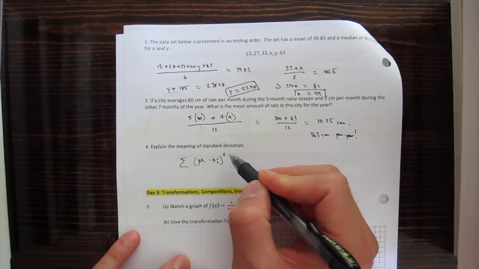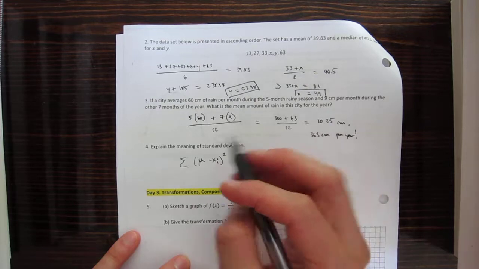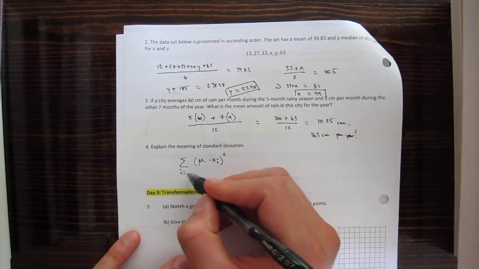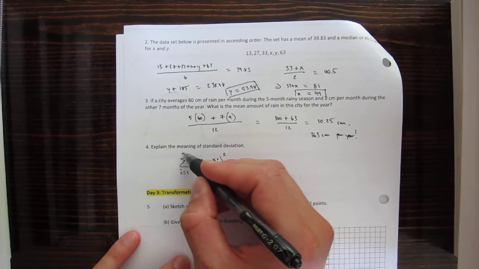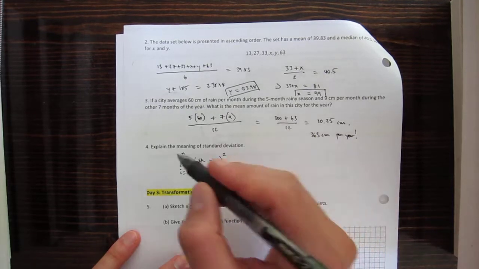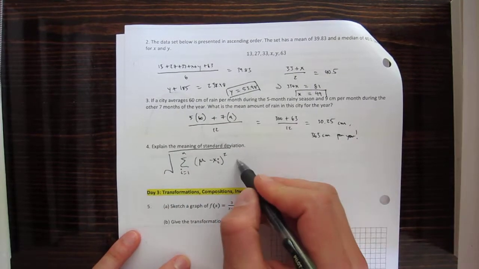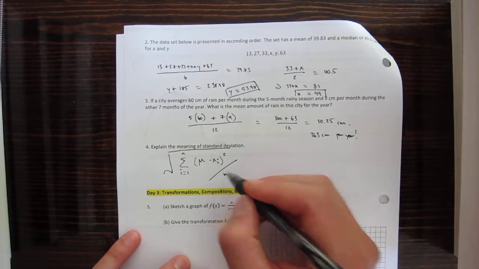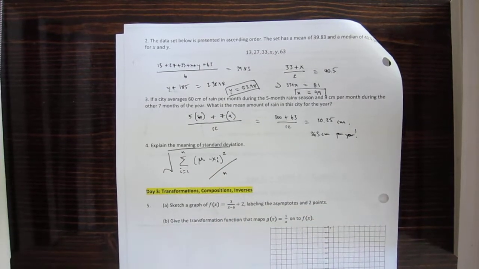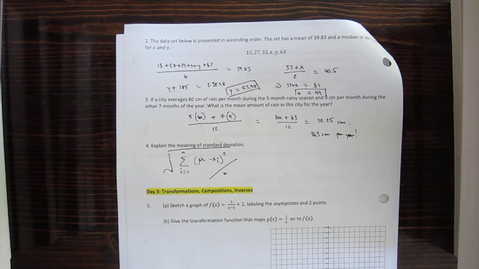I'm going to square them, sum them up from i equals 1 to n, however many points you have. And then I'm going to take the square root of that, and then I'm going to divide by n, or n minus 1, depending on whether it's a sample or a population.